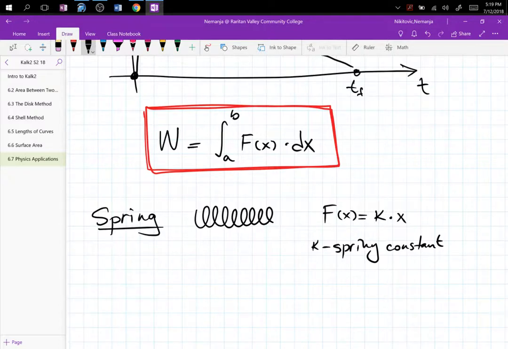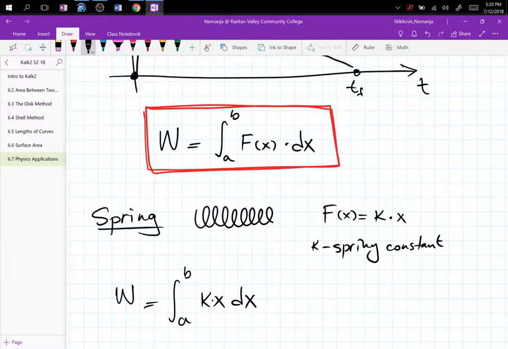So now I have that the work integral regarding this is going to be kx delta x, right, for the spring.